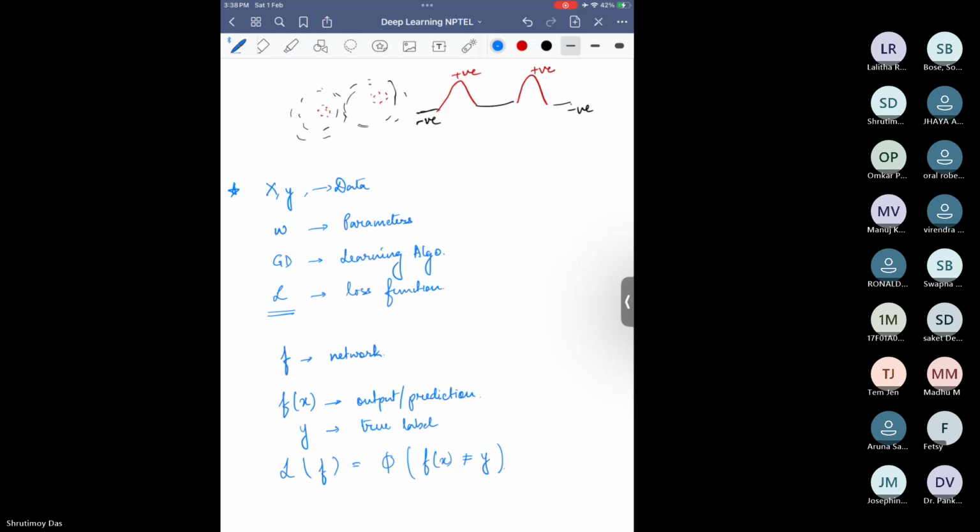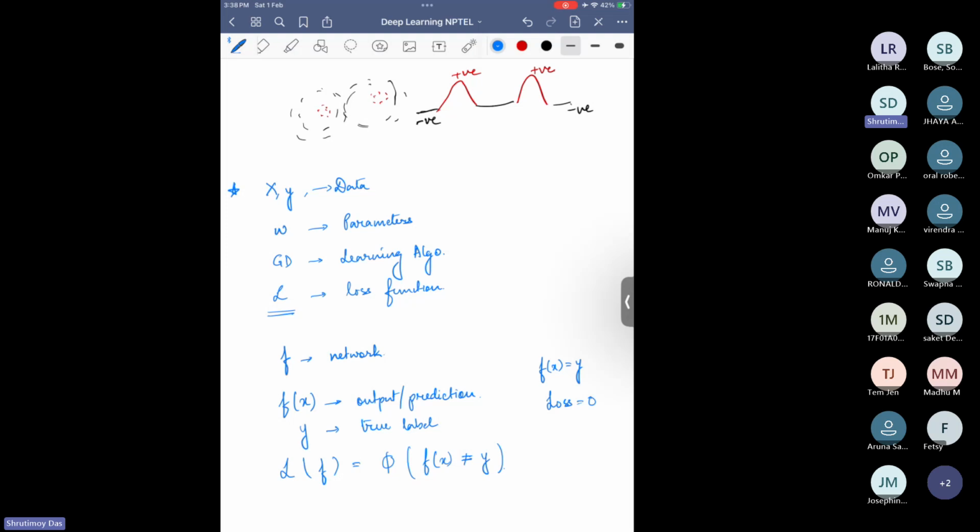Whenever f(x) is equal to y, that means for that point my neural network has learned the perfect set of parameters. In that case, my loss is 0 because we don't want to make any more changes.